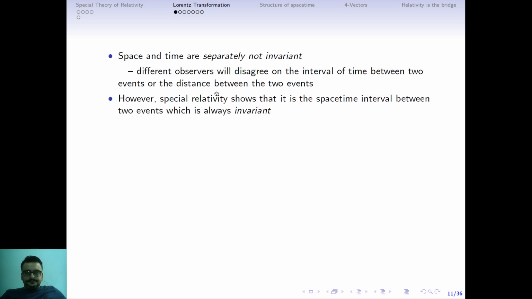But special relativity shows that it is the space-time interval between the two events which is always invariant. Individually space and time may not be invariant, but the combination of space and time, which we call the space-time interval, which I had explained some time back, will always be invariant.